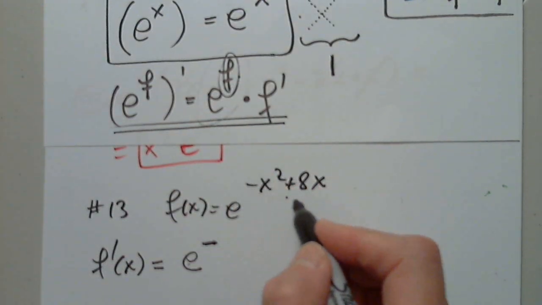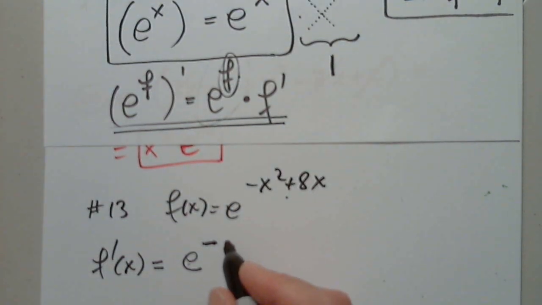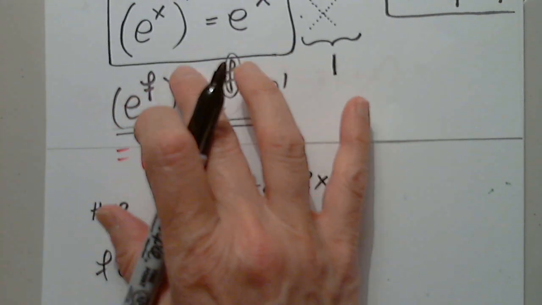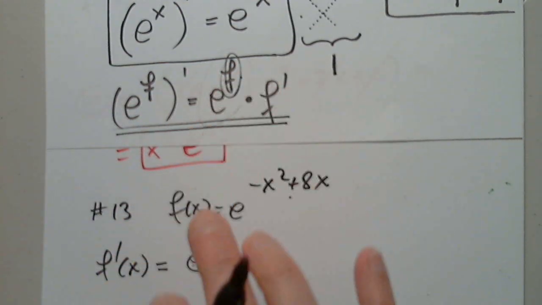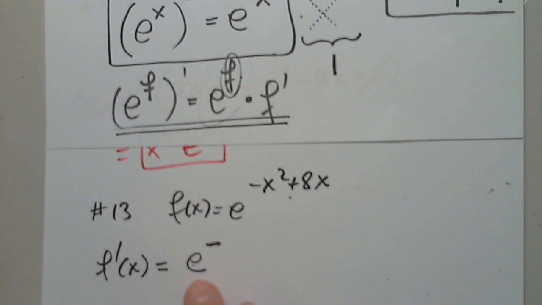This is f. So it's e to f prime. This is it, e to f prime equals e to f. How do I write e to f here? What do you think?